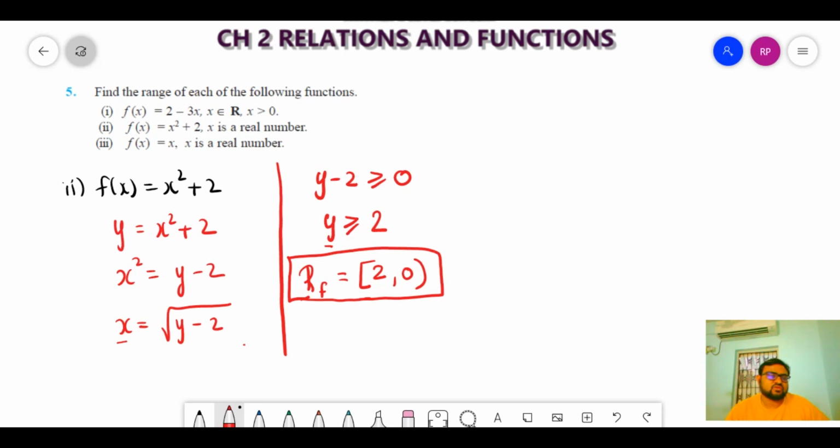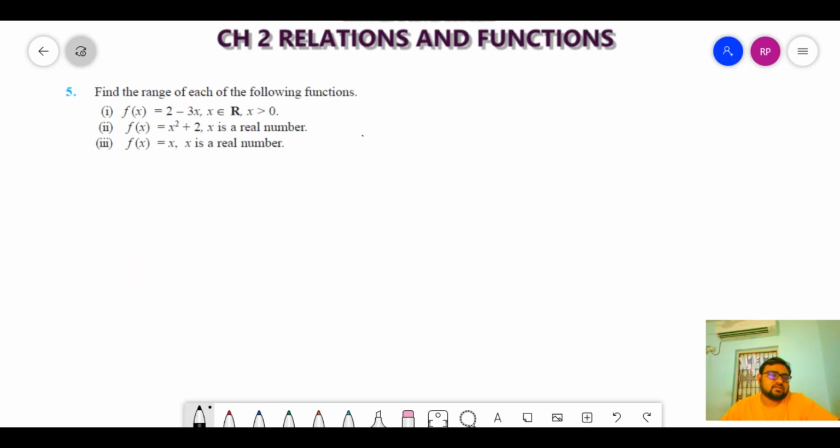Now let's move to the third part of question number 5, that is the last for this exercise. Third is f(x) is equal to x. Now what is this? This is an identity function, right?